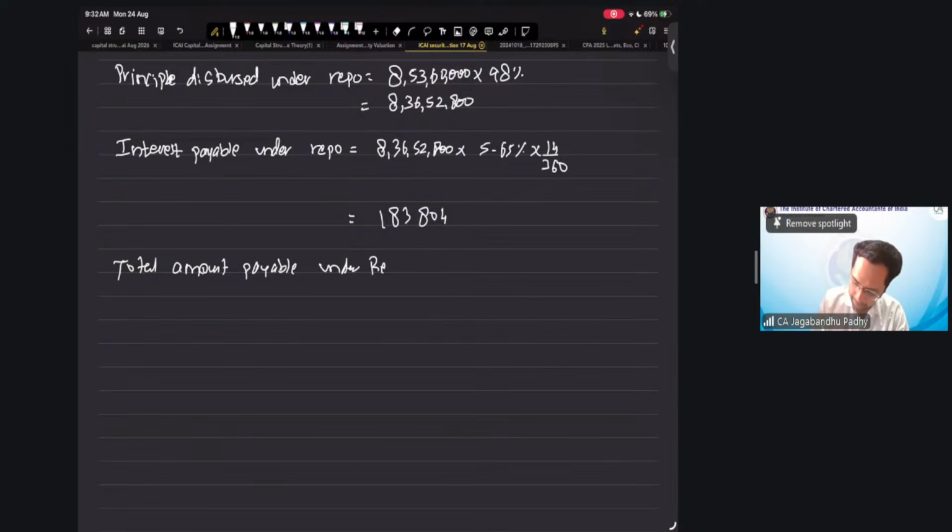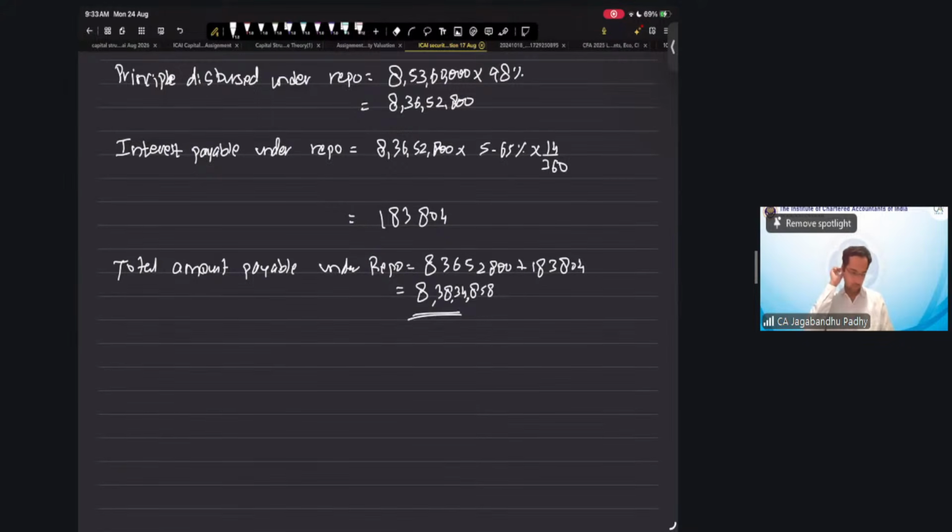Total amount payable under repo is going to be 8 crore 36 lakh 52,800 plus 1 lakh 83,804. The total repayment that's happening is 8 crore 38 lakh 34,858. That is the total amount which is payable under repo.